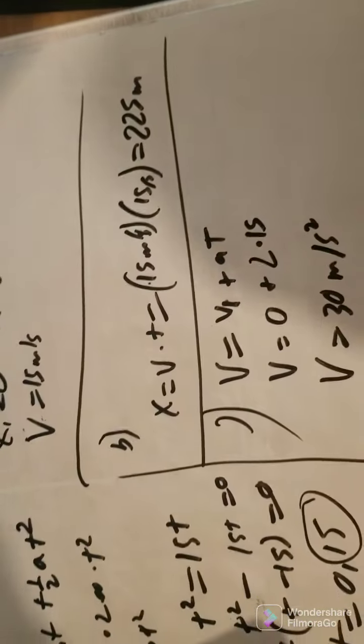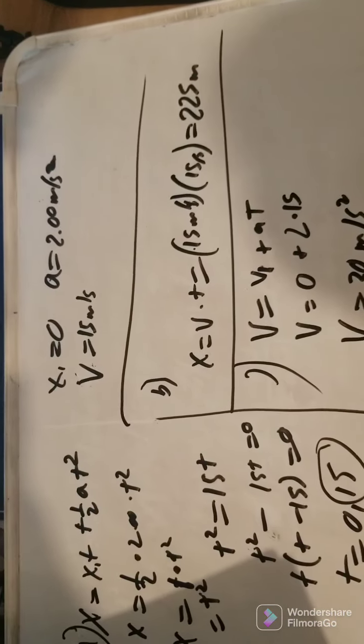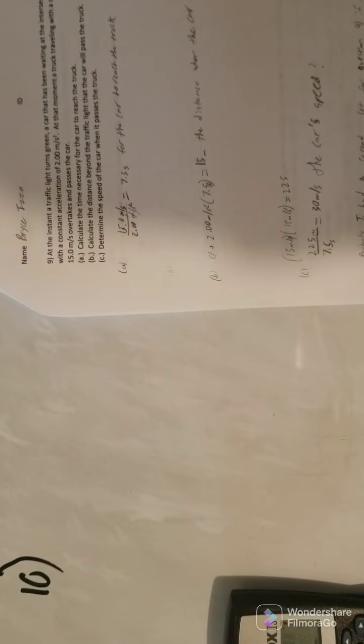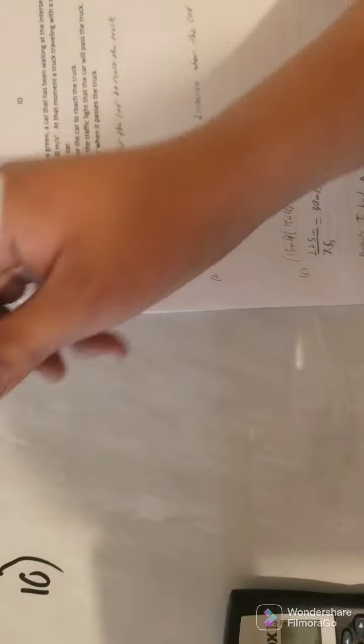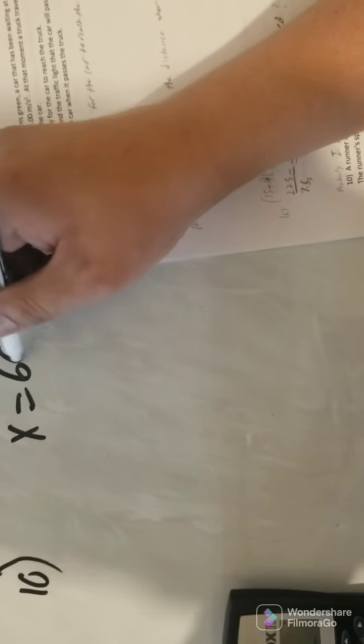Okay, so this is going to be number 10 on my exam homework. I need to write out my knowns: my initial velocity VI is 0, because she accelerates at a constant rate, and x is equal to the distance, which is 60 meters.